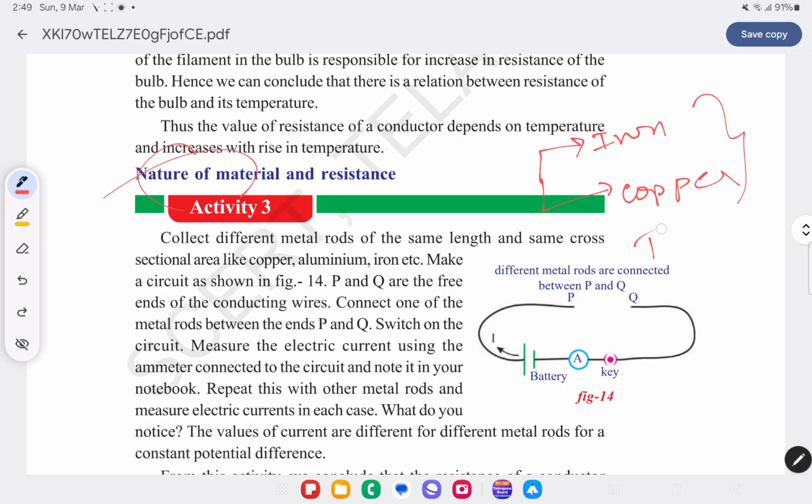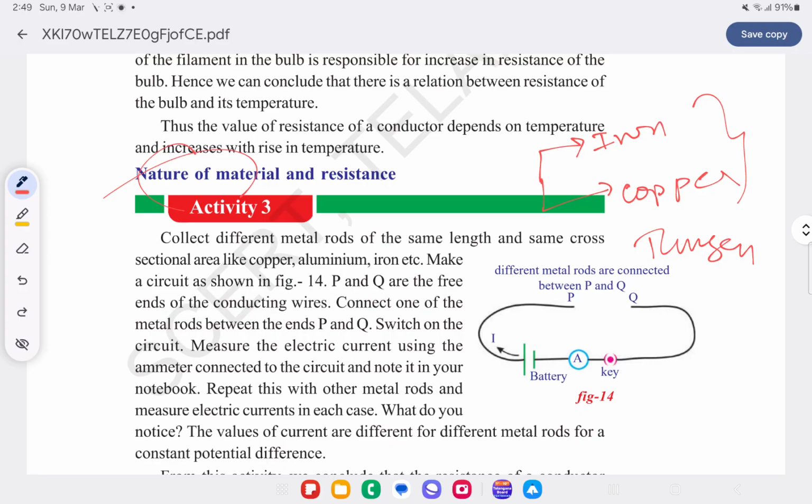Even tungsten is a conductor, but does it mean we make wire using tungsten? If we make the wire using tungsten, then the wire will burn within a few minutes, right? Tungsten is also a conductor, copper is also a conductor, iron is also a conductor, but we use only copper as a wire. Why? Because copper will offer less resistance, iron will offer more resistance, tungsten will offer even more resistance, right?